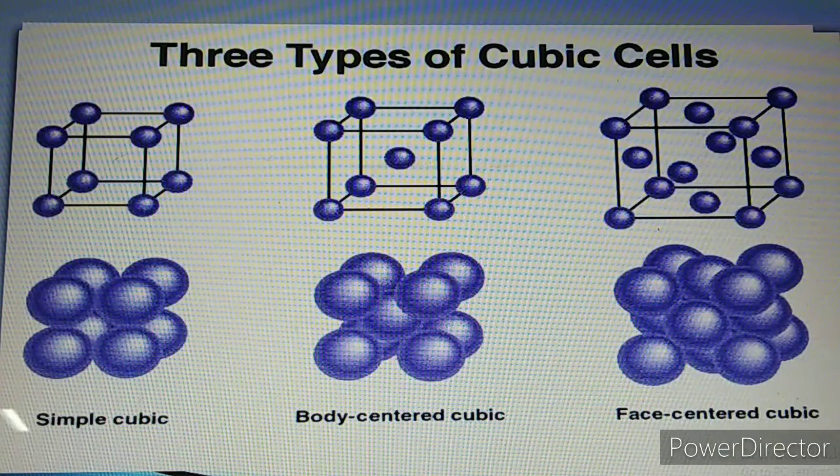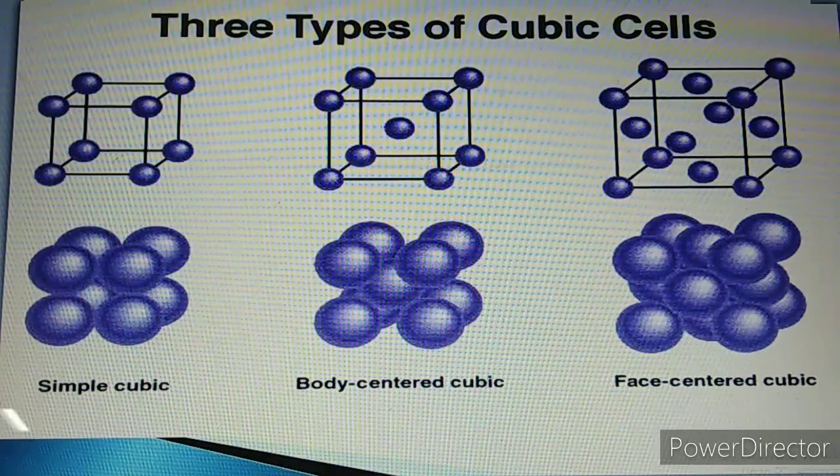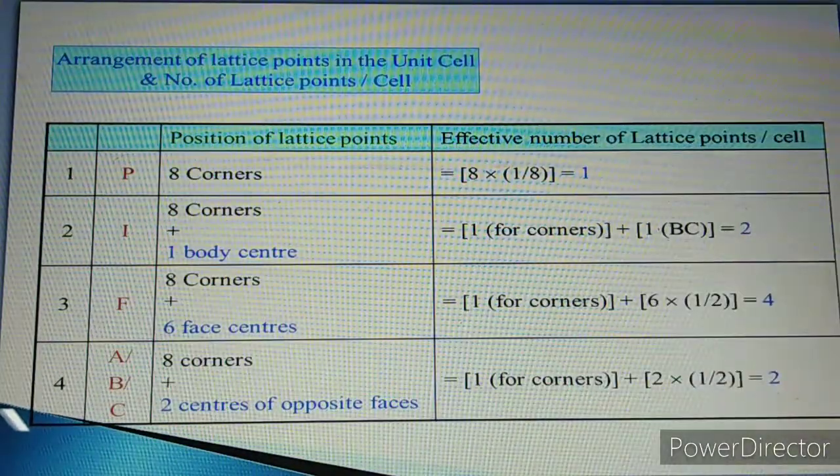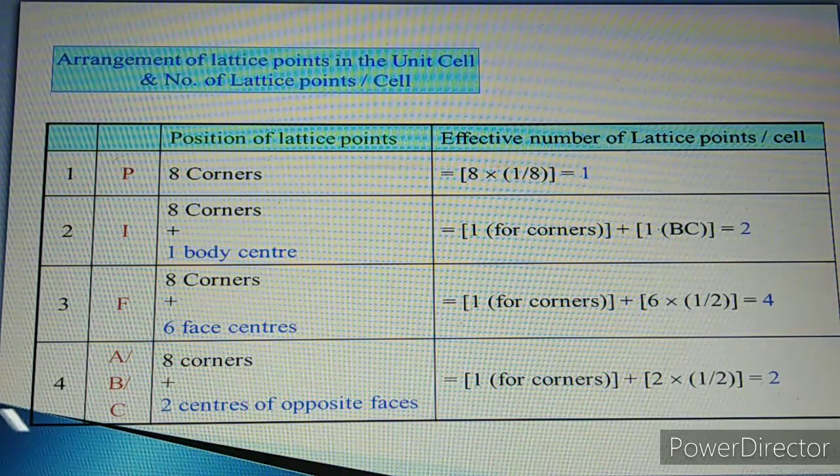Next, in the body centered cubic structure, 8 particles are present at the corners. The contribution of every corner particle is 1/8. In addition to that, 1 particle is present at the center. Therefore, the number of constituent particles in the body centered cubic structure is 2.